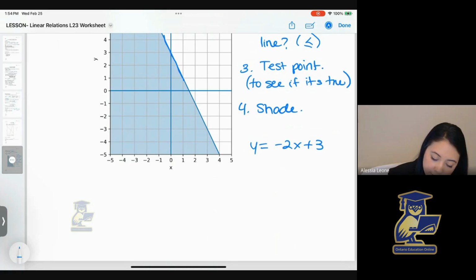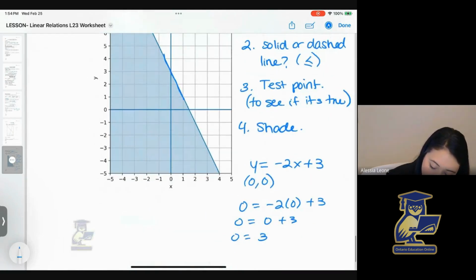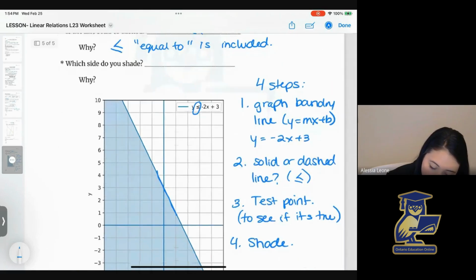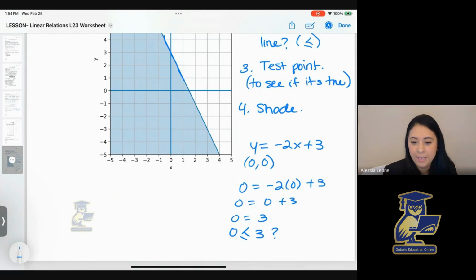So our point is 0, 0. Let's go back to our inequality, take our sign. Is this true? Is 0 less than or equal to 3? The answer is yes. 0 is less than 3.